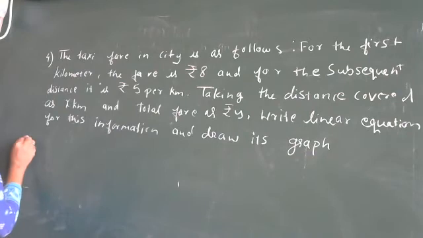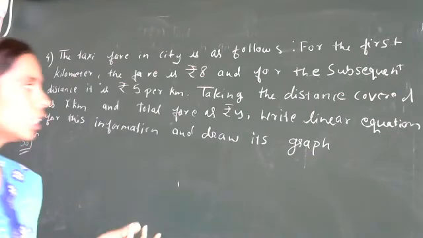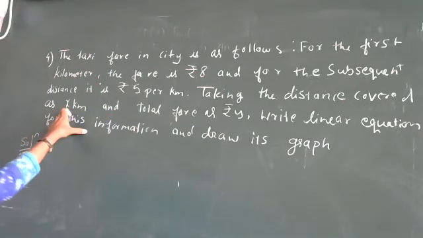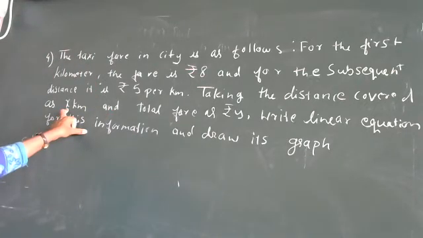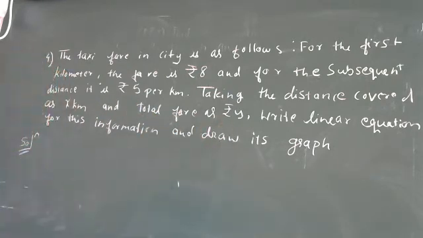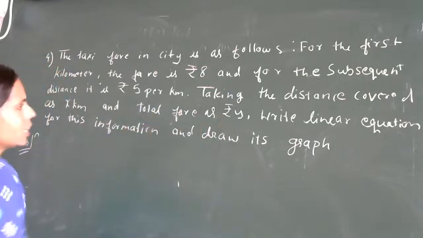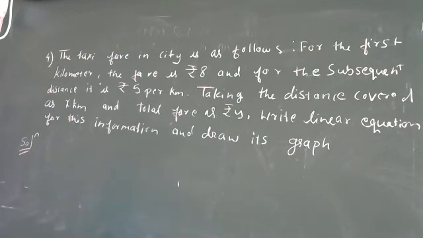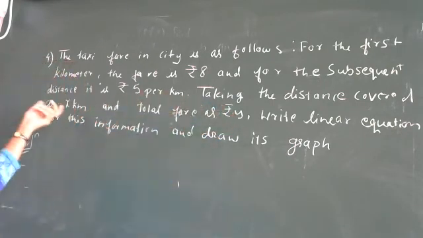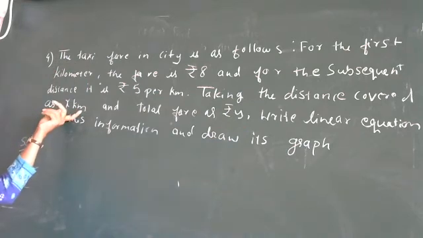So here in the solution, what variables do we have to take? It is already mentioned. X is the distance covered and y is the total fare. Here when we are writing this equation, y should be on the RHS side because it is the total fare, right? And the distance covered is x kilometer.